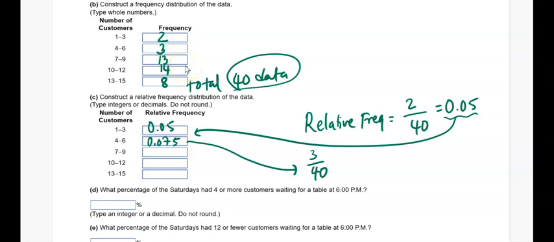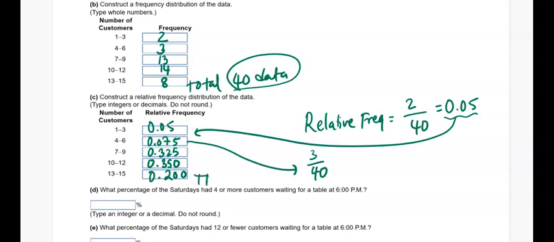This gives you 0.075. And so on. If you find the relative frequency of the other classes, it's going to be 0.325, 0.350 for the fourth class, and for the fifth class 0.200, or you can say 0.2. And if you add all these relative frequencies, the total must be 1.